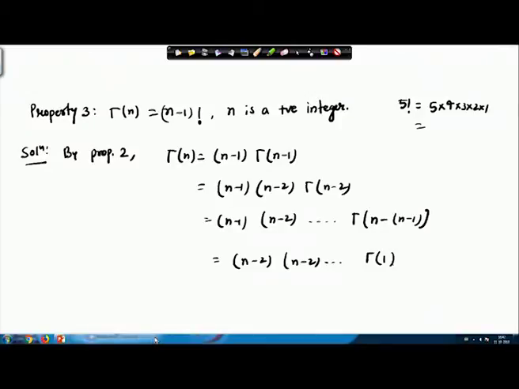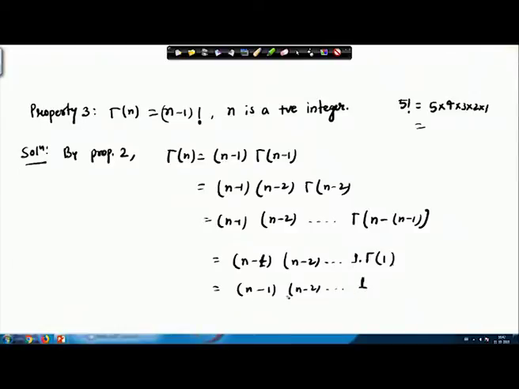gamma 1, and the value of gamma 1 is again 1. So, here we have n minus 1, n minus 2, and so on. So, I can write it as 1.